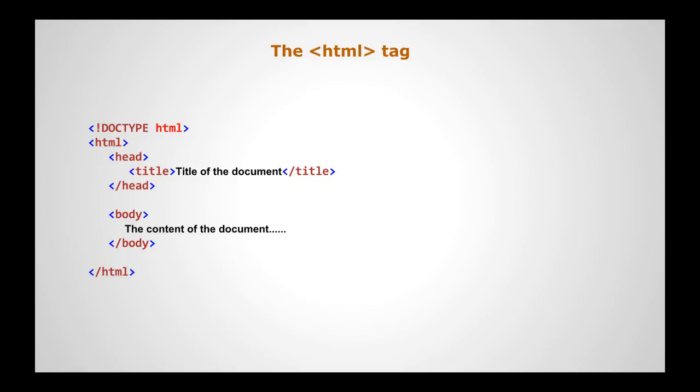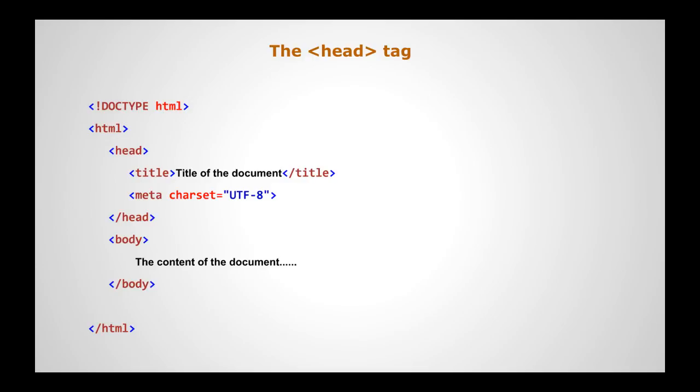As we said earlier, HTML is divided into two parts, the head part and the body part. The head element is a container for metadata, which is data about data, and data about data is simply information. Therefore the head tag contains some information about the HTML document.